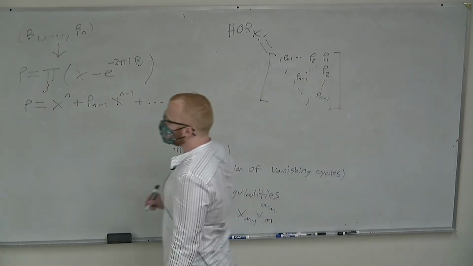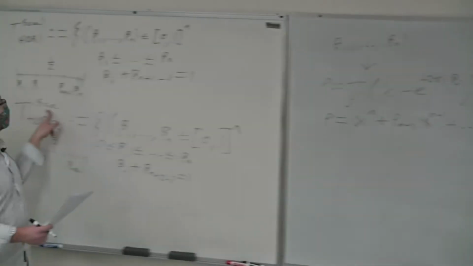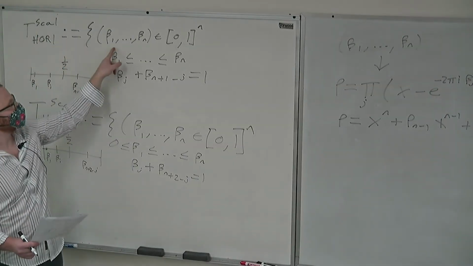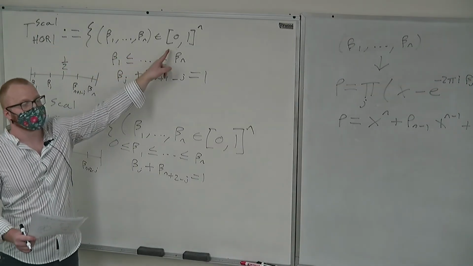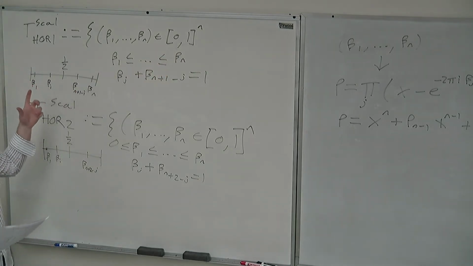So you might be saying that our example doesn't work, right? This is the scalars. These scalars are just collections of numbers from 0 to 1 that look like this. They're symmetric around 1/2.